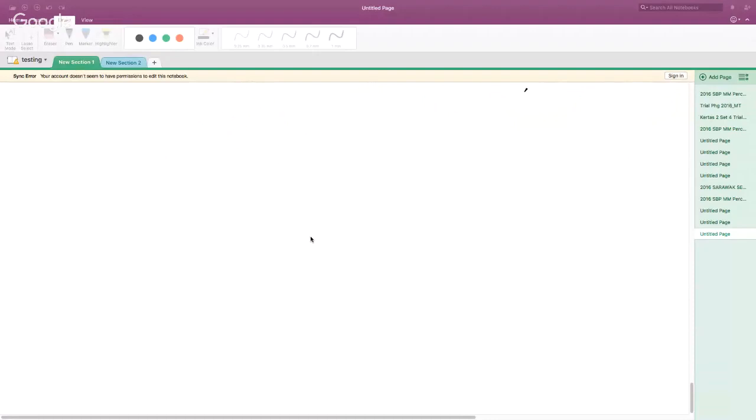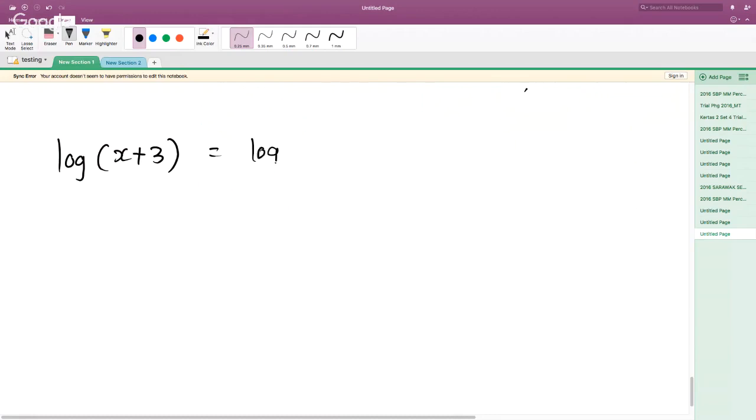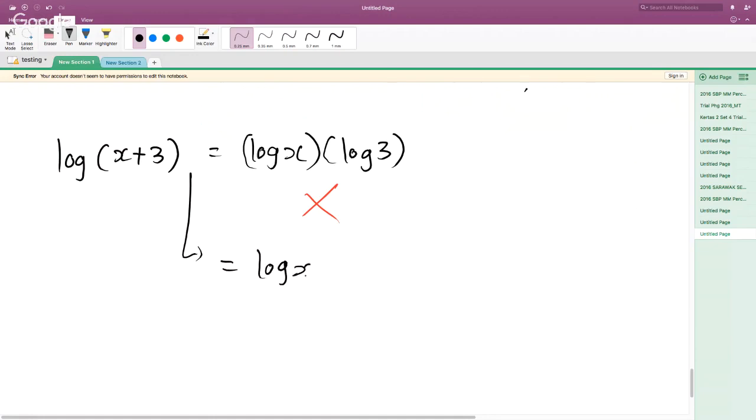For log, the most common one is something like log(x + 3). If you see log(x + 3) and you do log x multiply log 3, because plus means multiply, then you got it wrong. And then you might think maybe this is log x plus log 3, and you got it wrong again.